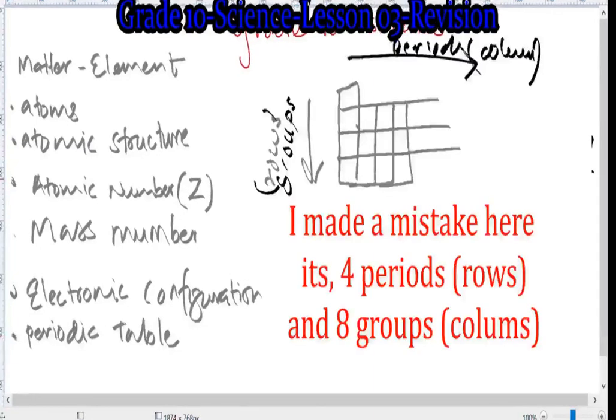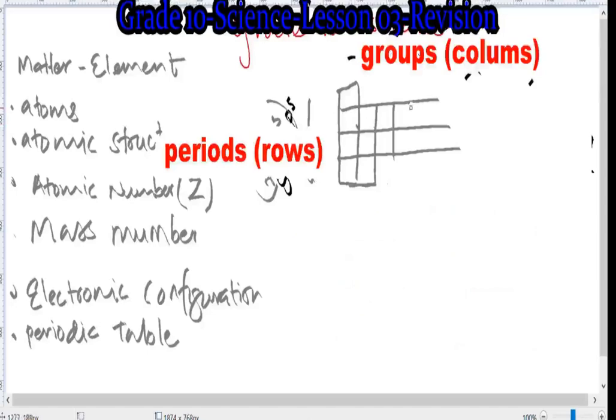So we have 8 groups and 8 periods. 1, 2, 3, 4, 5, 6, 7, and 8.